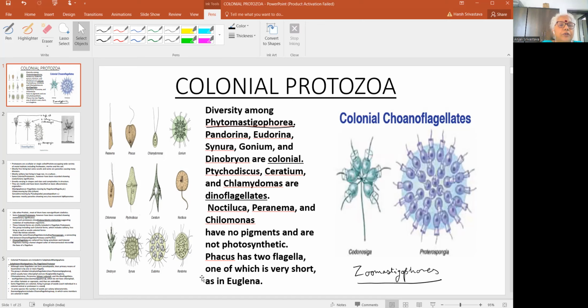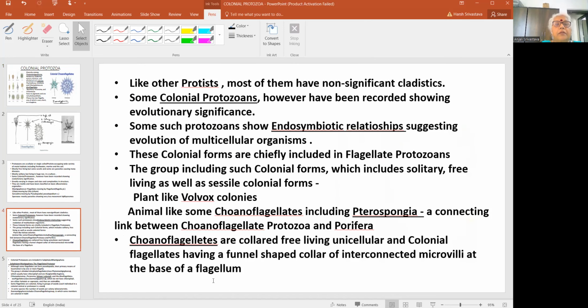So this is the very introductory part of the protozoans and the colonial protozoans. Now let us see the colonial protozoans. The evolutionary history we have already seen: these colonial protozoans have three hypotheses established based on the evolution of multicellularity from unicellularity, or single cell, or acellularity.